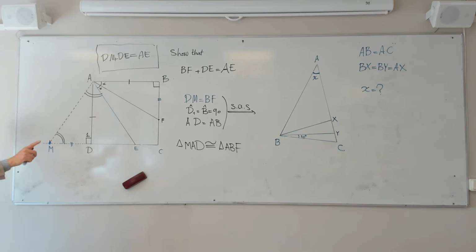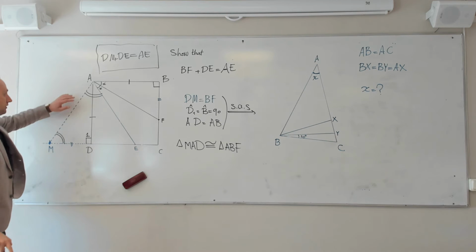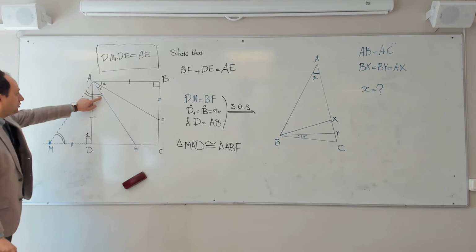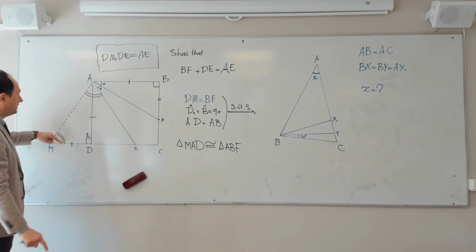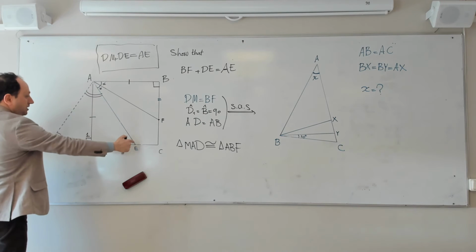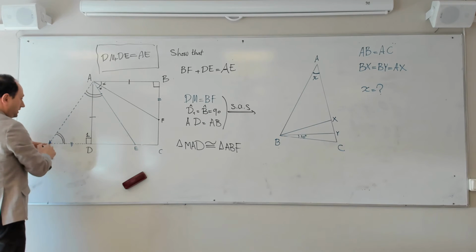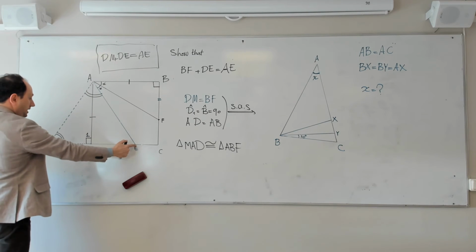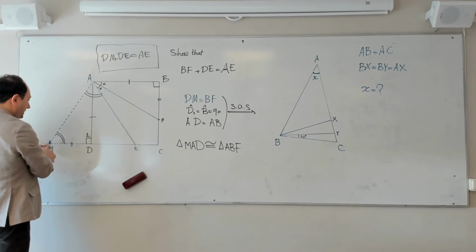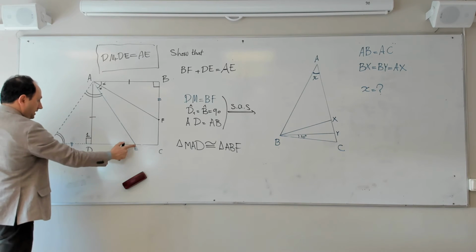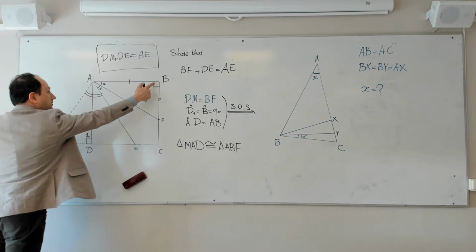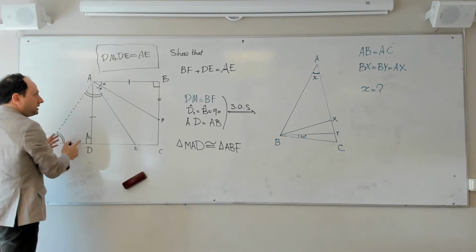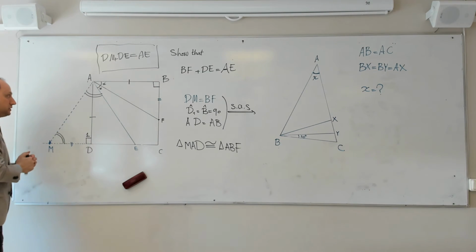If I can do that, then I am done. Let me just repeat. If I can show that this angle is equal to this angle, this means that the length of AE is equal to the length of ME, but ME can be written as MD plus DE, and MD is equal to BF, so it becomes BF plus DE, and then I am done.